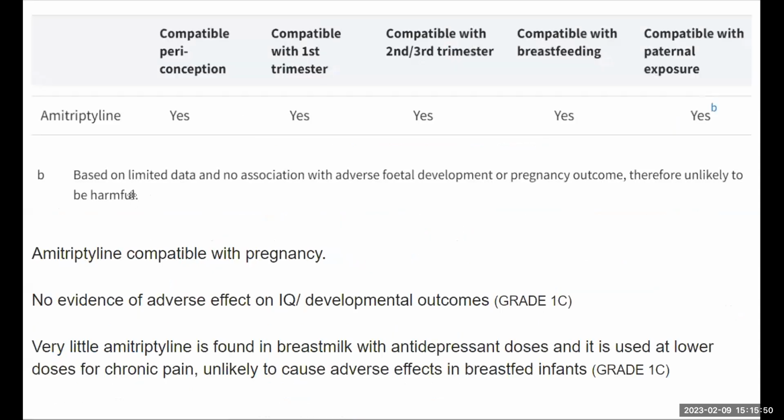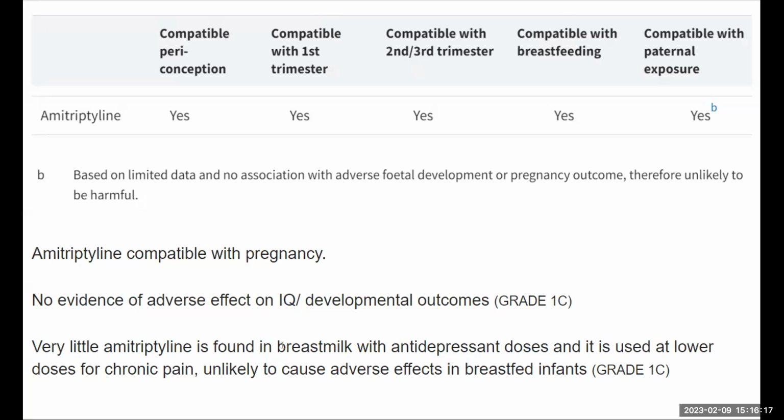For amitriptyline, they basically say that even though the parental exposure data is limited, it is mostly compatible in patients who are pregnant or breastfeeding. There is no evidence of adverse effects or developmental outcomes in children whose mothers are taking amitriptyline.